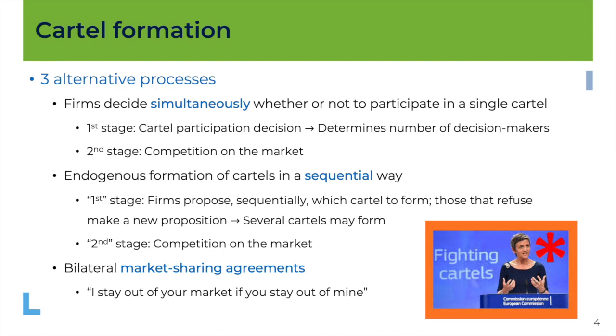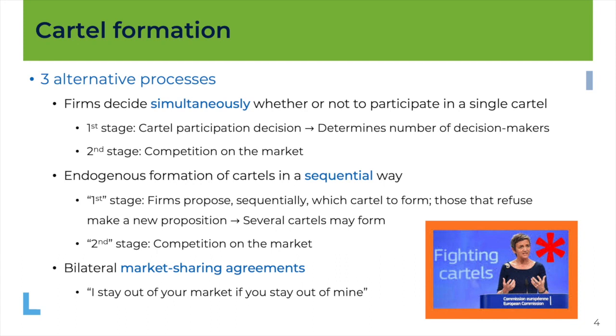Well, if each firm can be associated with a particular market, then firms may decide through bilateral agreements, which are called market sharing agreements, to stay out of the market of another firm if this other firm stays out of the market of the first firm. And so if you collect all these bilateral market sharing agreements, you will have at the end of the day a network of collusion. So that's another form of collusion that can happen on different markets.